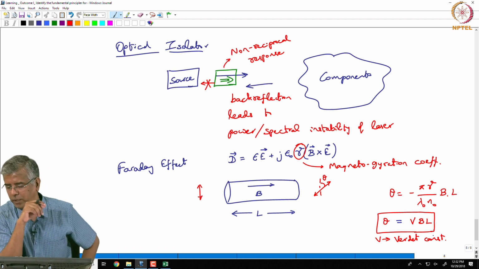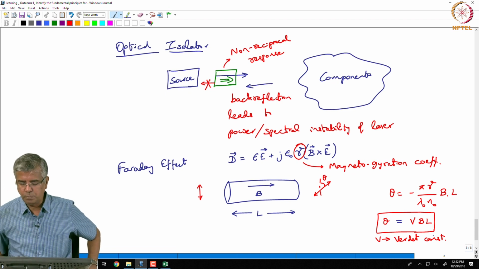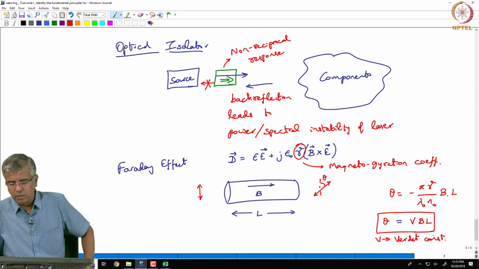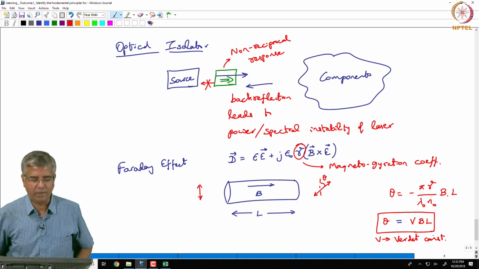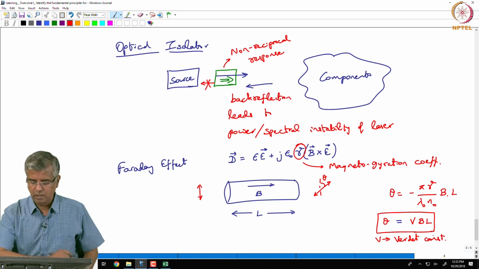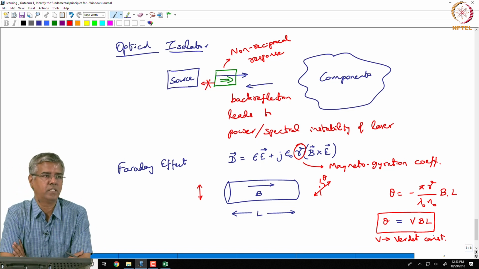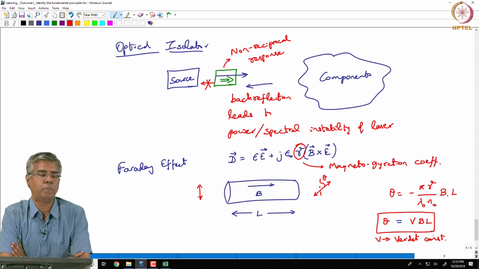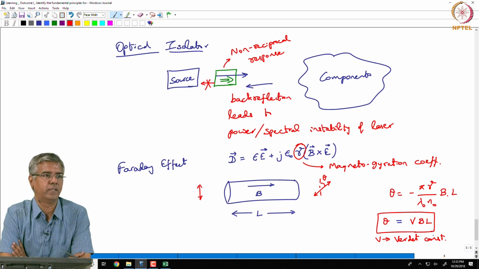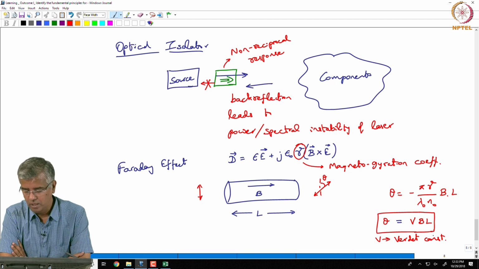So, the question is, can this B correspond to another electromagnetic wave? Possibly. You can say that, this just says that B cross E. So, the other B can correspond to another electromagnetic wave.